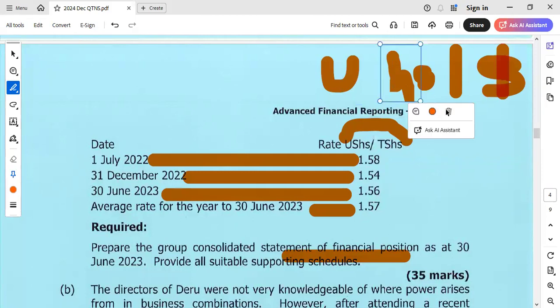You'll be multiplying. It is like finding that Ugandan shillings 1.58 is equal to 1 Tanzania shilling. They are telling you that Ugandan shillings 1.54 is equal to 1 Tanzanian shilling.